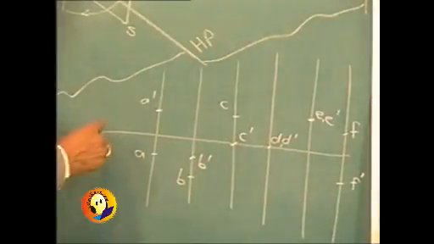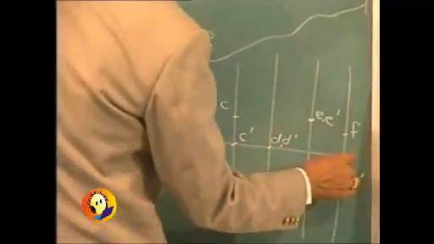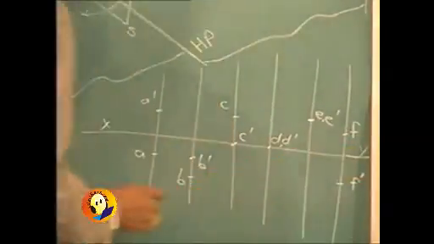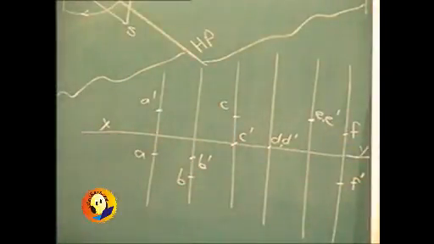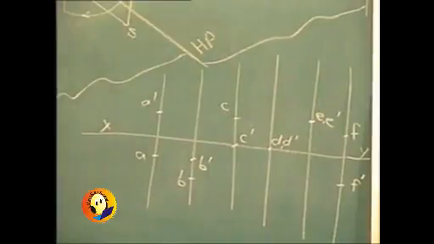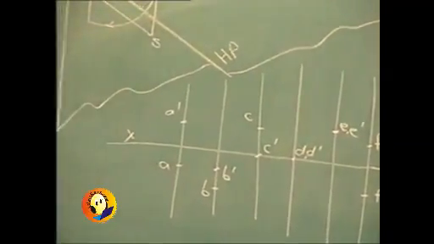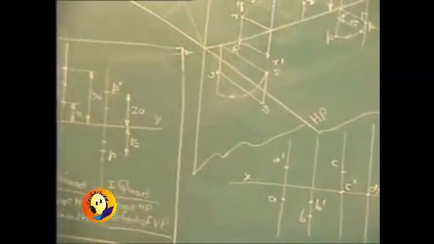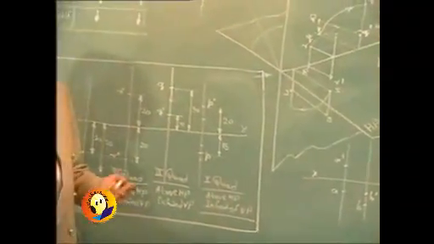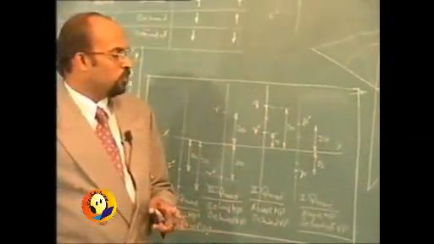With respect to the XY line, I am simply positioning different points. I am drawing the projectors. The distances are not important because we are required to simply find out the quadrants. Now you will have to locate. The particular table is to be used the other way around.